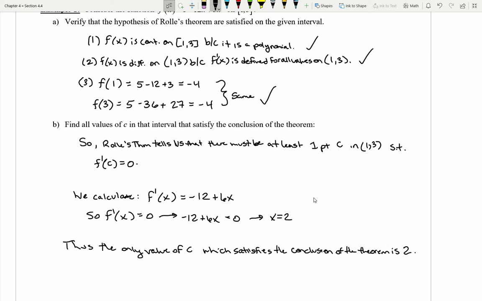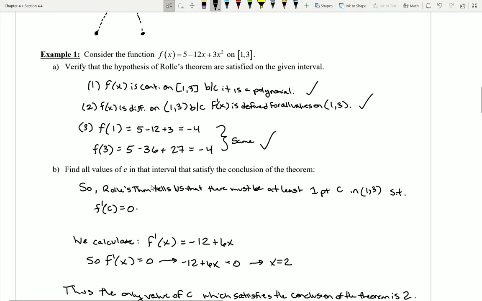Notice again, if I plug 2 in for the value of x, my first derivative turns into 0. So this is what Rolle's theorem allows us to actually do. We can find, or at least guarantee more specifically, that our functions will have a tangent line of slope 0 on this interval if we met the conditions.